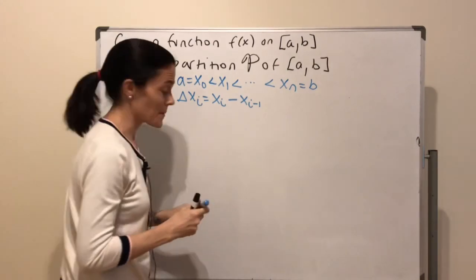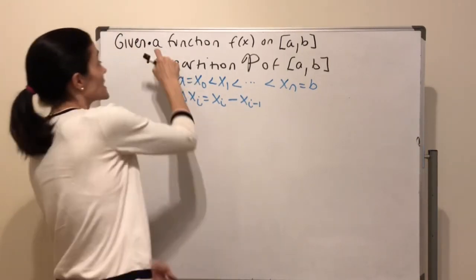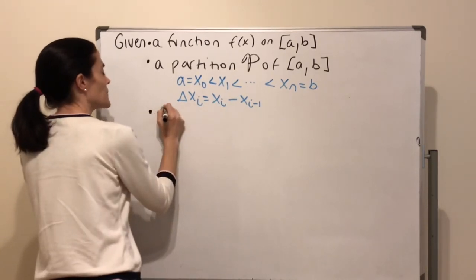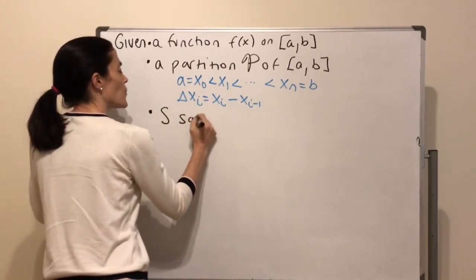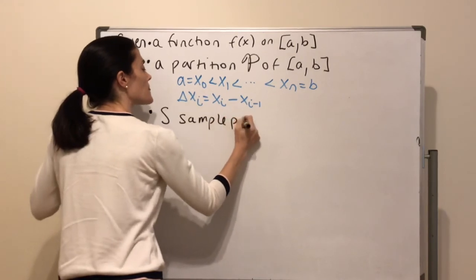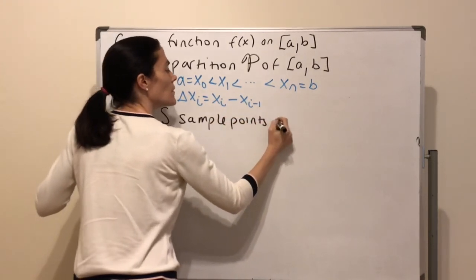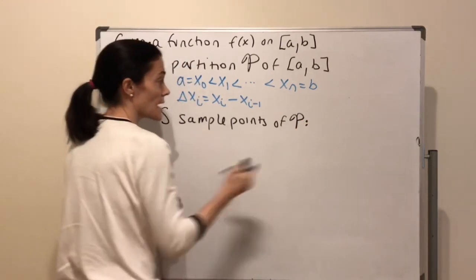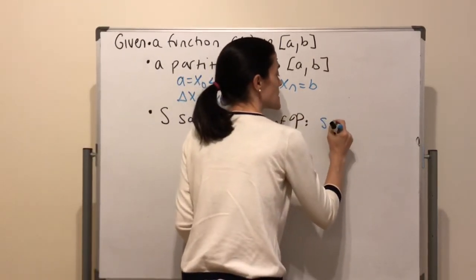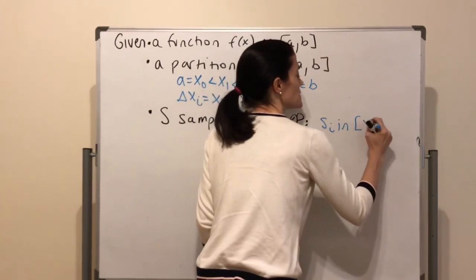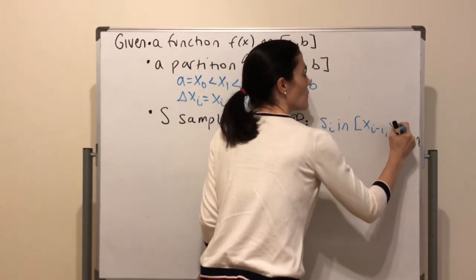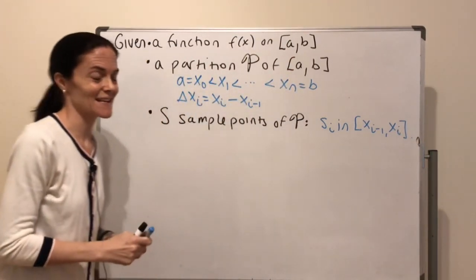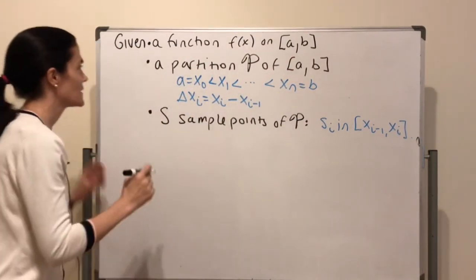Both of these come from having a partition. So we need a function f, we need a partition P, and then given sample points S of this partition, and this means that we have a little si in each subinterval. Okay, so we need all 3 of these things for a Riemann sum.